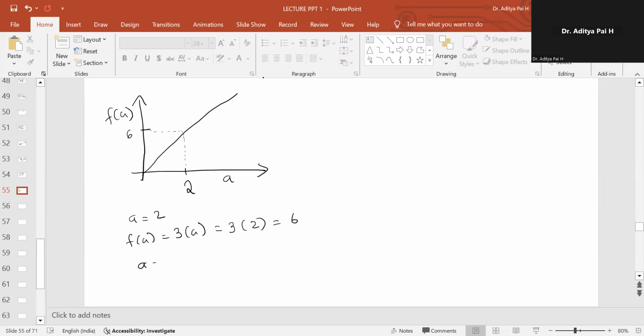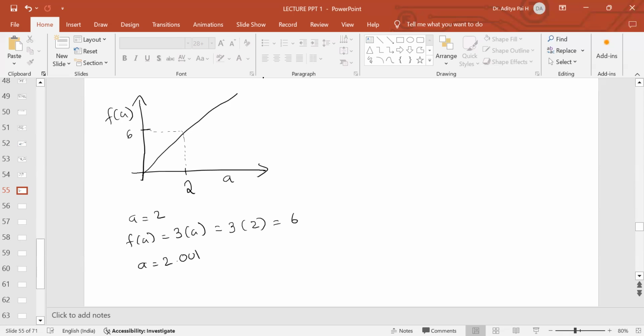Now, if I increase my a by 0.001, to 2.001, then my f of a will be 3 into 2.001, which is nothing but 6.003.